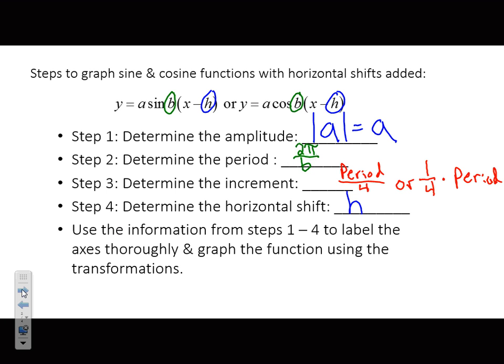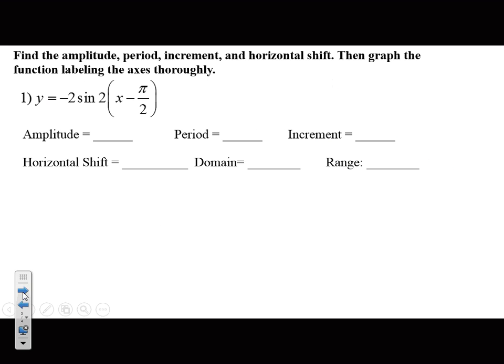Now remember, this is the one that's kind of opposite. If it's negative, we're moving to the right. If it's positive, we're moving to the left. Now we're going to use this information for steps 1 through 4 to label our axes thoroughly and create our graph of our function.